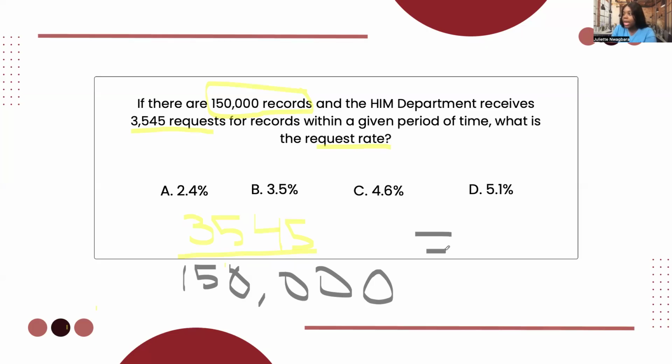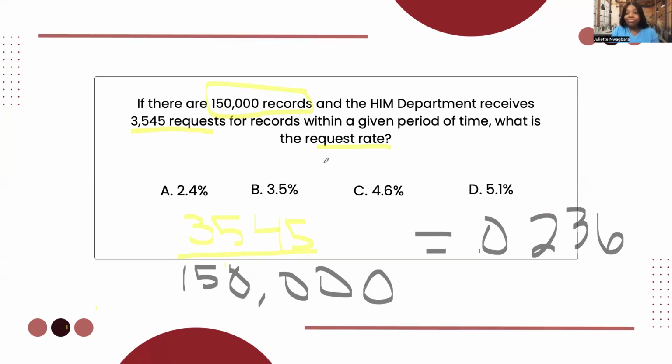When I put that number in, I get 0.0236. Now, as you can see, they're asking for a percentage.